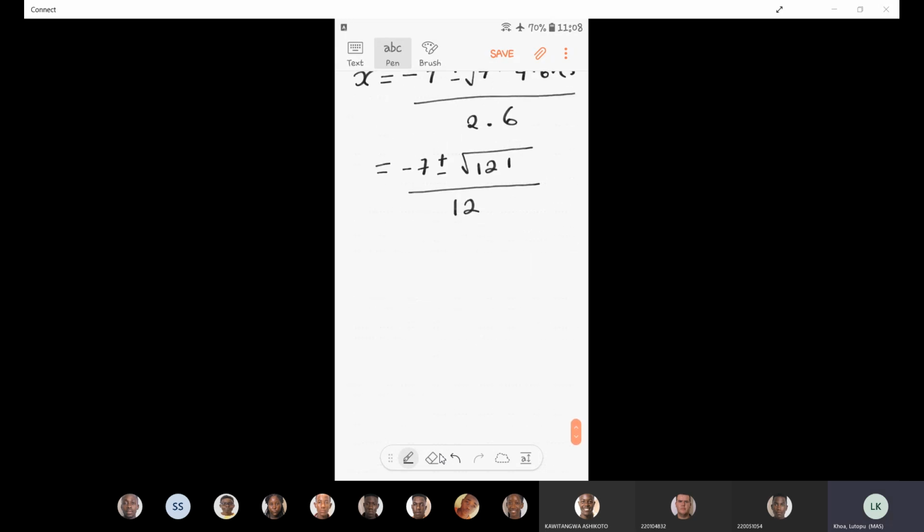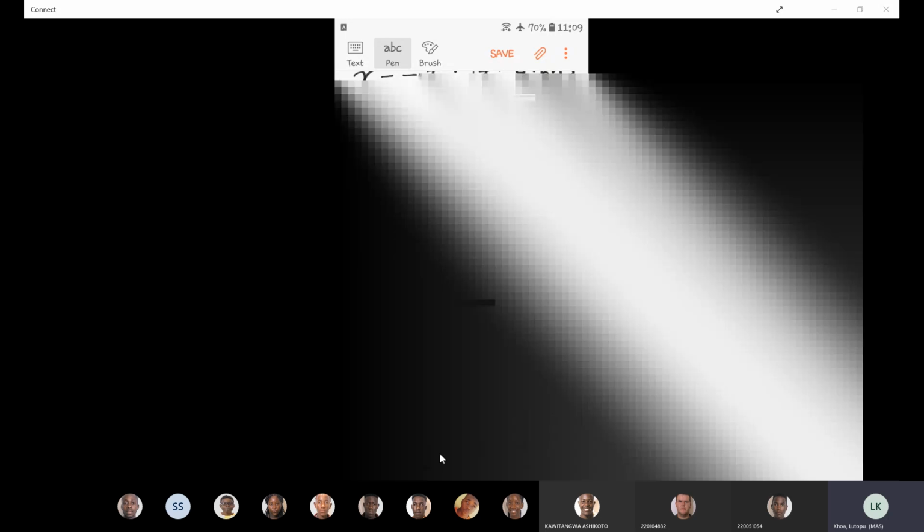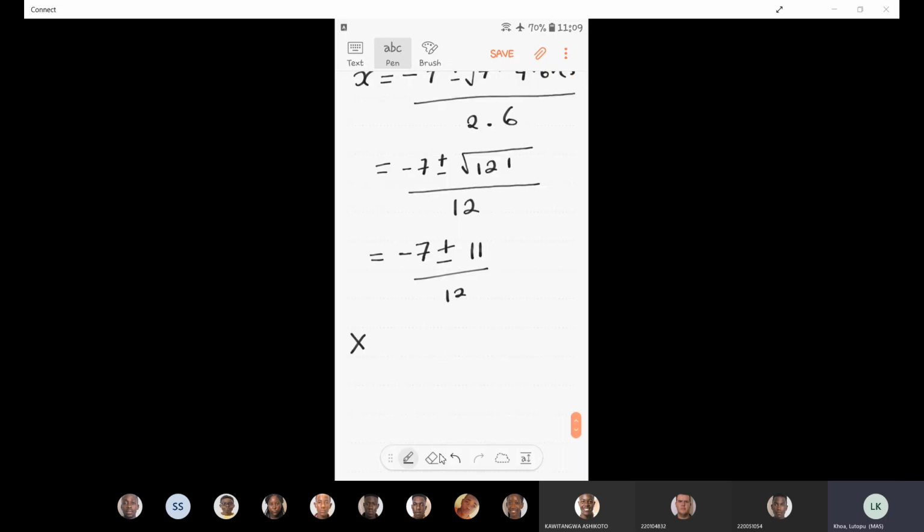Now the square root of 121 is 11. So what I have is negative 7 plus or minus 11 over 12. So I have two solutions. The first one, x1, is negative 7 plus 11 over 12.